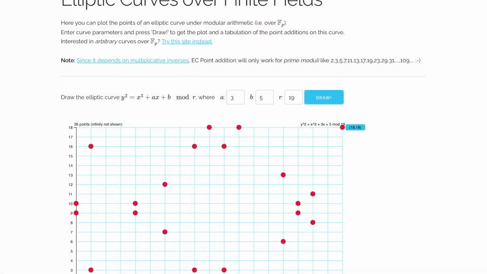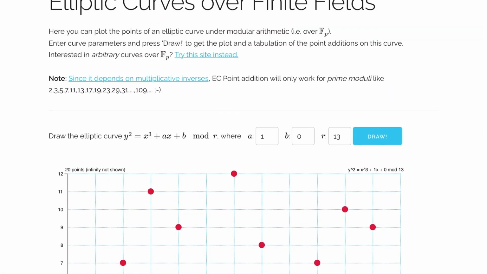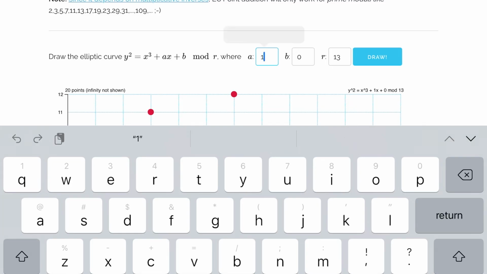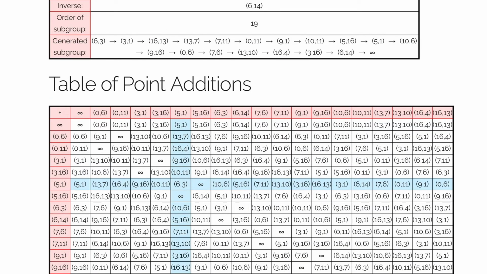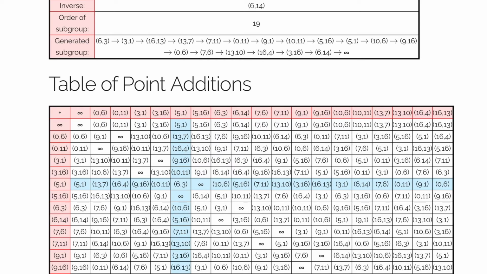So let's use this calculator to perform 3 times 5, 1 and 5 times 5, 1. So 3 times 5, 1 would be adding 5, 1 3 times. So let's choose the row labeled 5, 1 and the column labeled 5, 1. So we get 6, 3, which is 5, 1 plus 5, 1. So let's add 6, 3 again to 5, 1. That will give us 3 times 5, 1.